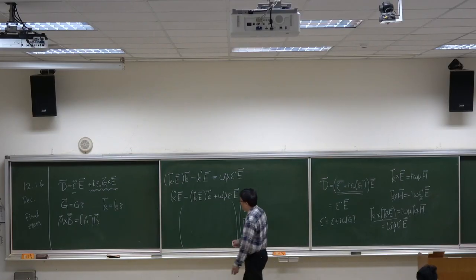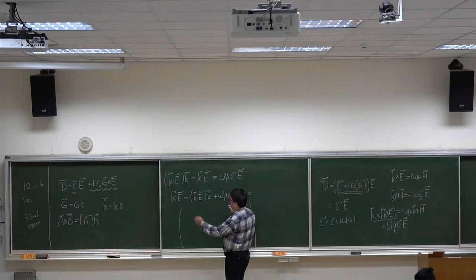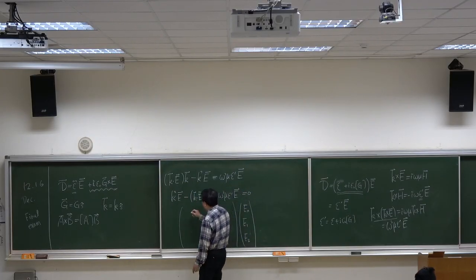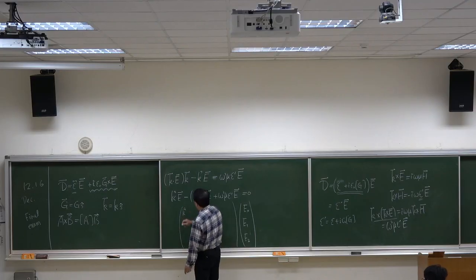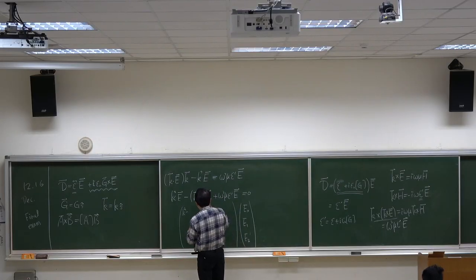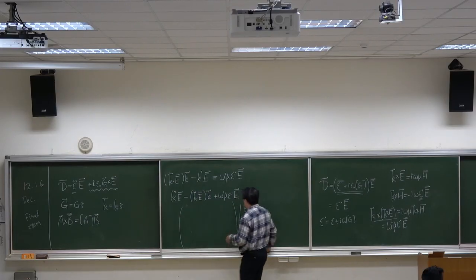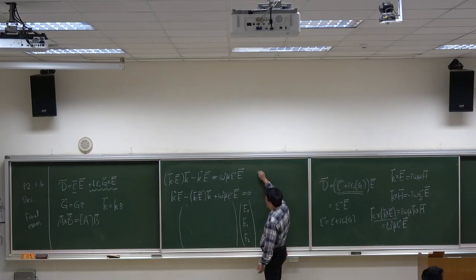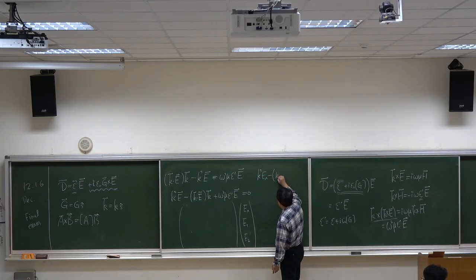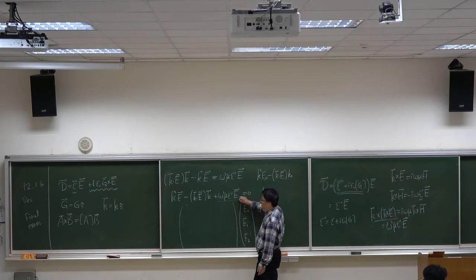Okay. Here for the x component of this equation, we have K squared Ex minus K dot E times Kx, okay, plus the x component of this one.